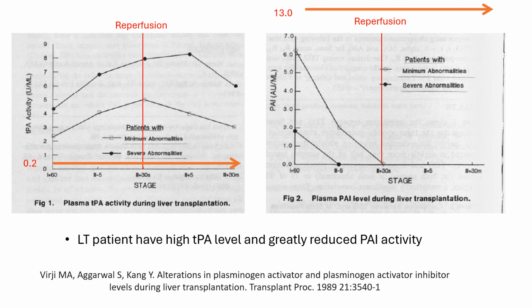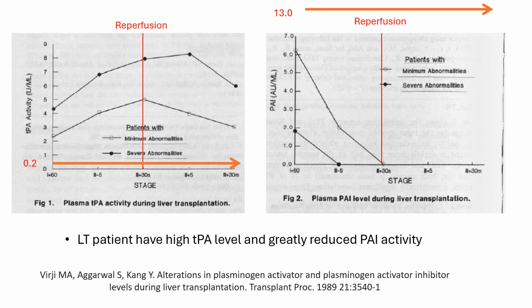For patients with severe coagulation abnormalities, it's about 20 times higher, and this is one of the reasons why they're more prone to fibrinolysis. This activity goes up during the reperfusion phase and slowly comes down afterwards. It reaches a level more than 40 times higher than a patient without liver disease not undergoing liver transplantation.